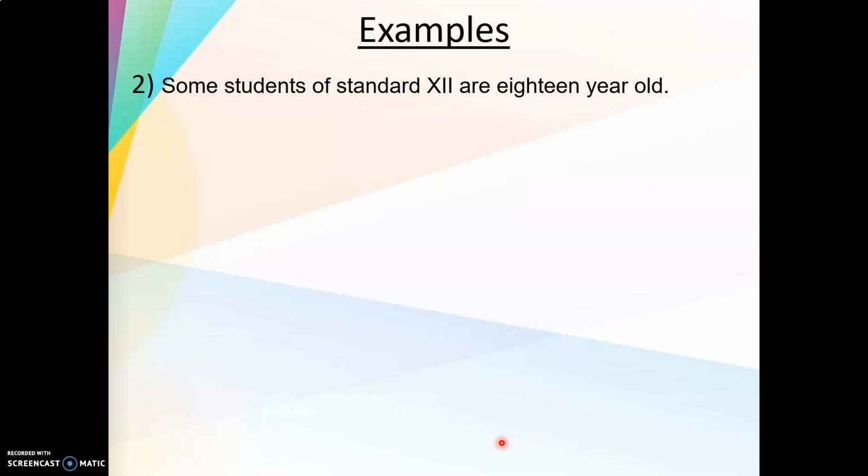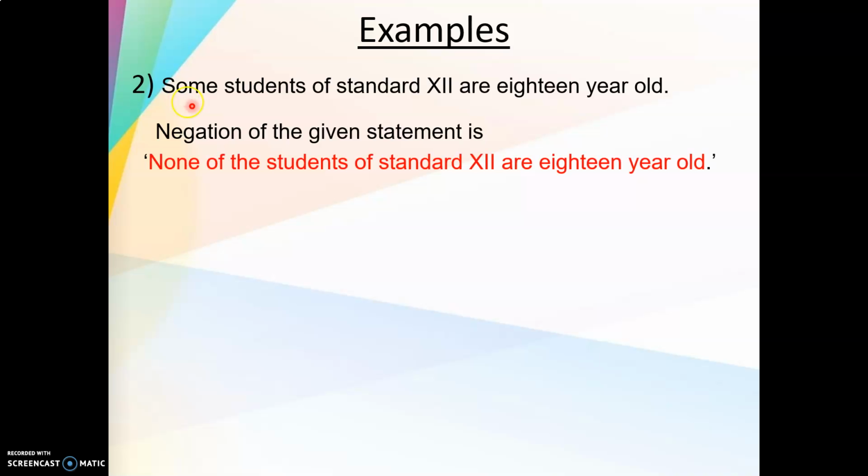Second example is some students of standard 12 are 18 years old. So the word we can change with none of the students of standard 12 are 18 years old.